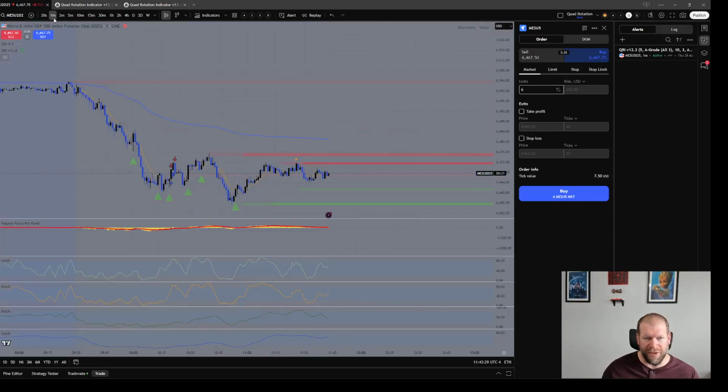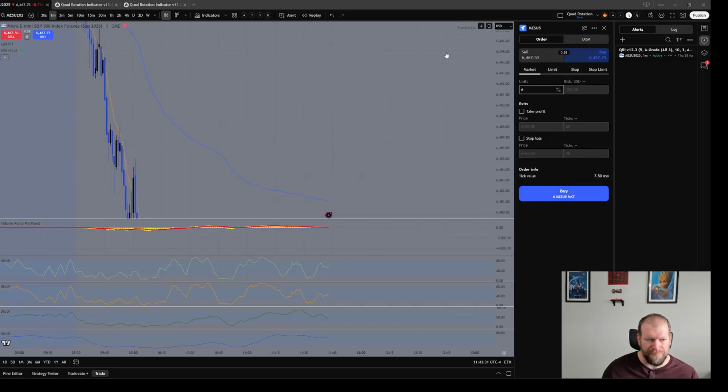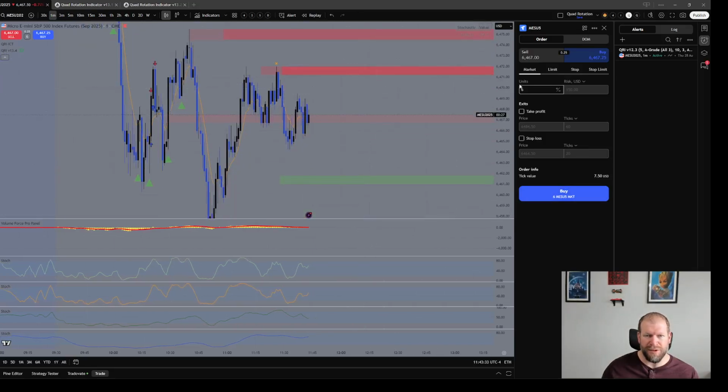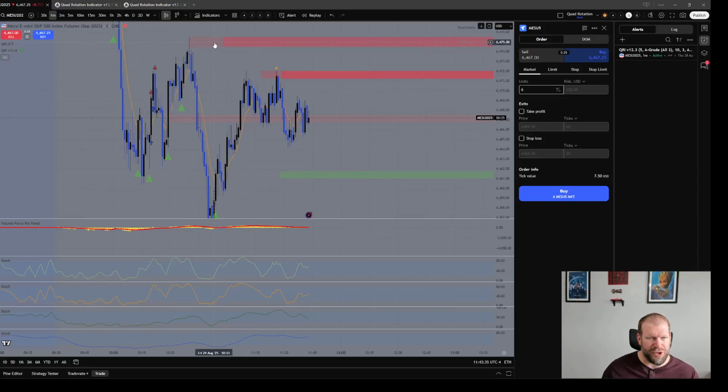As I get back down into the 1-minute time frame, you can now see how much darker these get. My lightest pink here is the 1-minute time frame. A little bit darker is my 5-minute time frame. Then down here where it's almost a complete color, that is my 15-minute time frame.